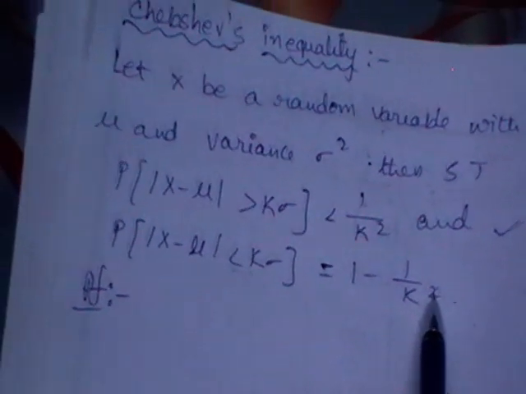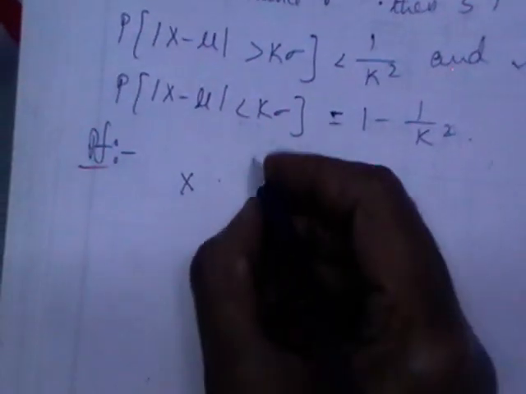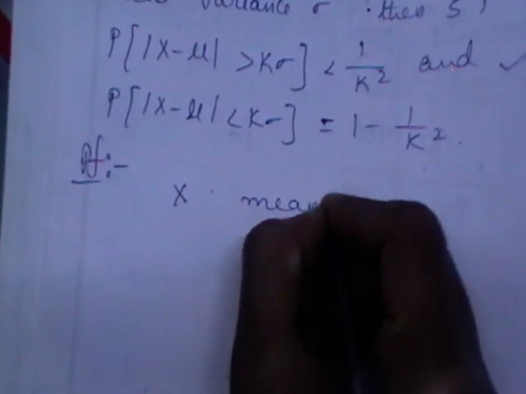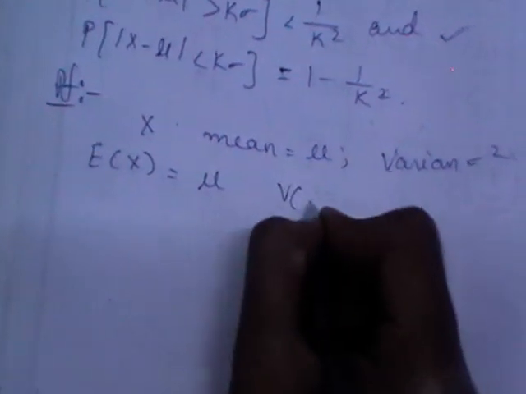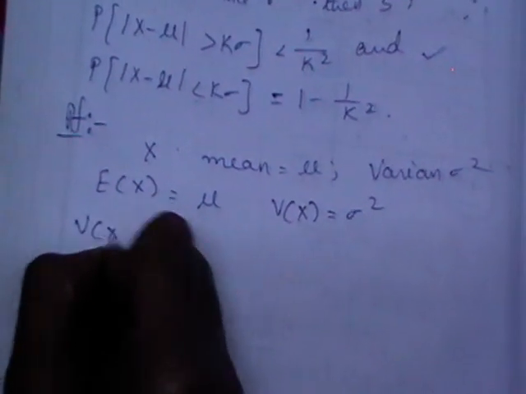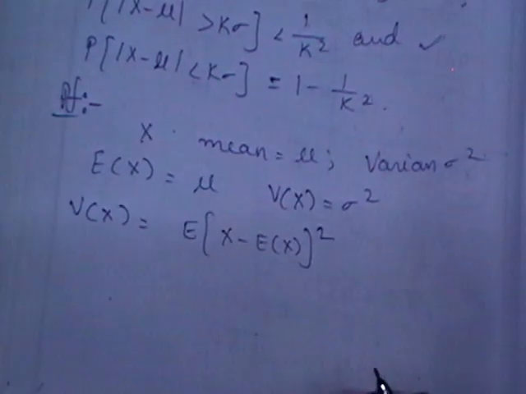You know the formulas for variance in terms of expectations. It's given that x has mean mu and variance sigma square. Expectation of x is mu, and variance of x is nothing but sigma square. You know that the formula for variance of x in terms of expectation is E of (x minus E of x) whole square.